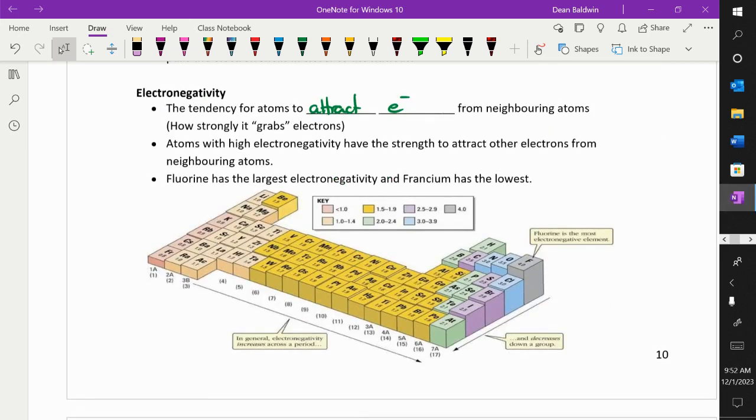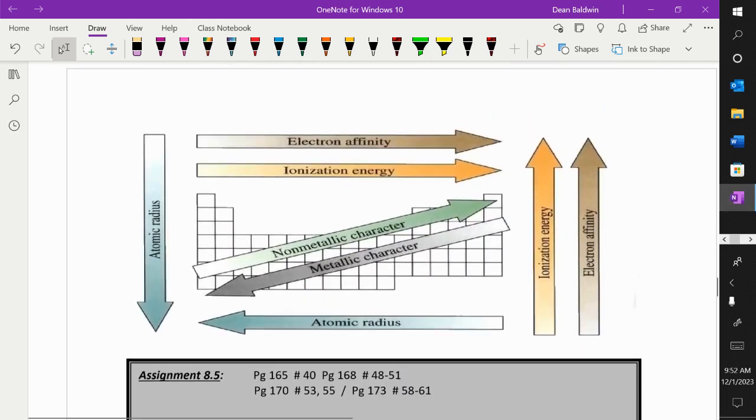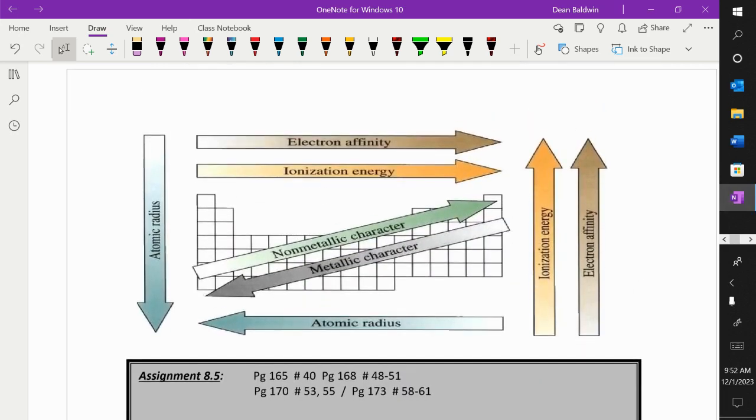All right. Okay, so here's a summary of the trends. Electron affinity, the ability to want an electron, increases left to right. This is essentially, let's call this electronegativity.